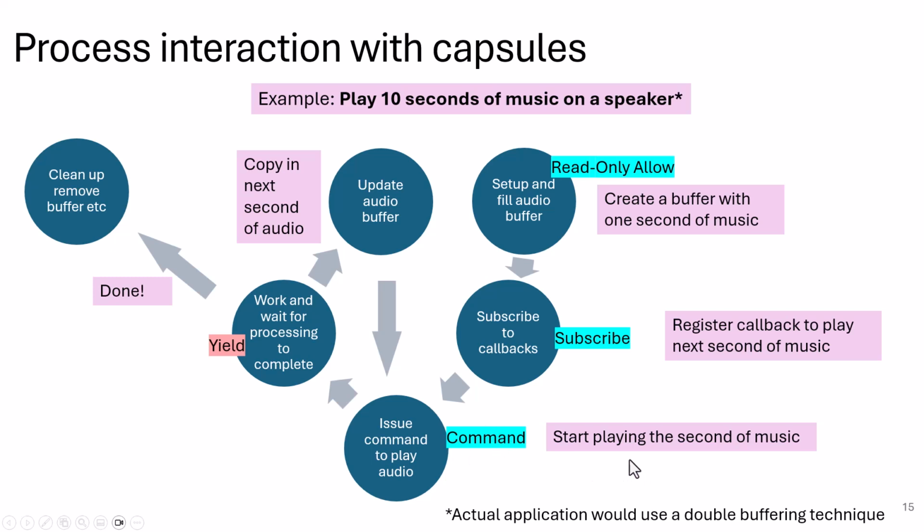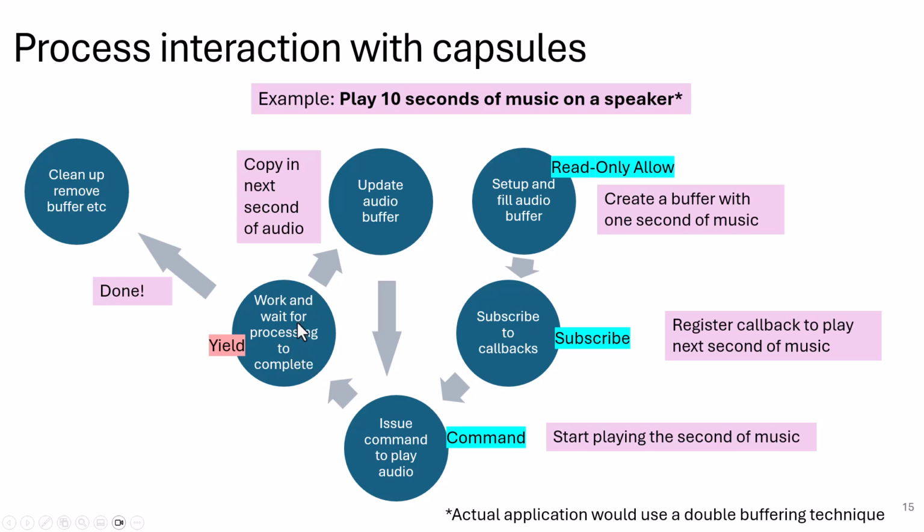These commands in Tock, the user process says, start playing that second of music, and that command returns back quickly to the user process. So then the user process can do something like, oh, I'm going to start getting ready to give the kernel the next second of music.